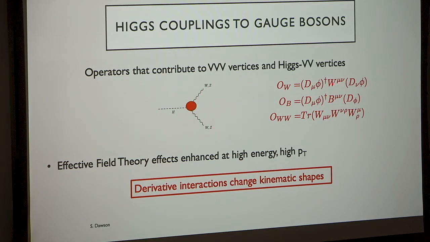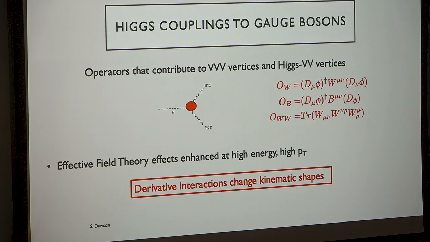So they've got the covariant derivatives of the SU2 gauge bosons and of the U1 gauge bosons, OW and OB, and I also wrote down a term with 3 W's, which will arise when I'm considering WW pair production. So the effective field theory, as I said, is going to be enhanced at the high PT. These are derivative interactions, and so they change the shapes.